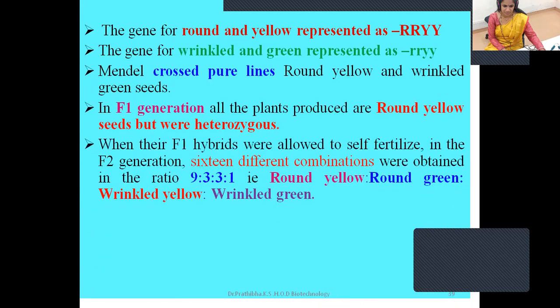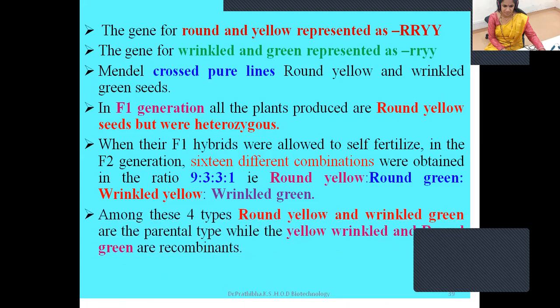When the F1 hybrids were allowed to self-fertilize, in F2 generation, what happened there? We got 16 different combinations, right? In the ratio of 9 is to 3 is to 3 is to 1, that is round yellow, round green, wrinkled yellow, and wrinkled green, right? Among these four types, round yellow and wrinkled green are the parental phenotypes, right?